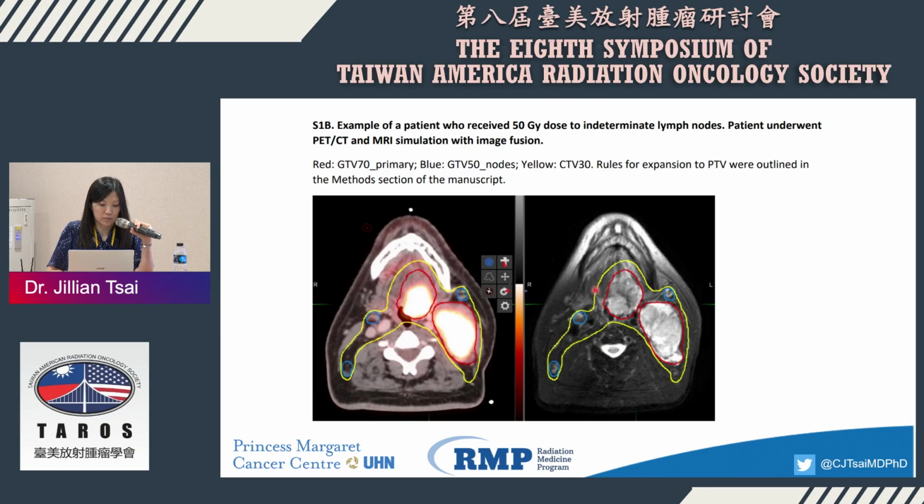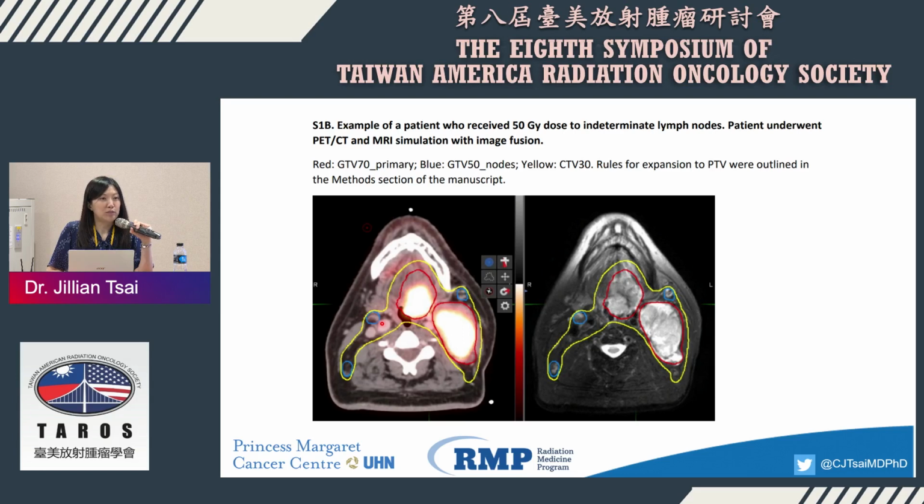The red is the primary site and lymph node disease. That's 70, that GTV 70. And then the CTV 30 is just everything else. So that's 30 gray. There are all these blue 50 because sometimes we don't know whether these lymph nodes are real or not.